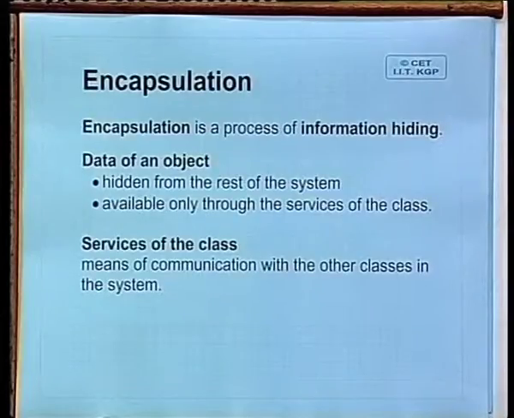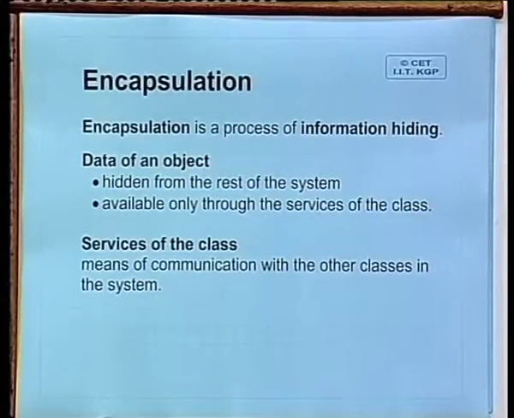So, how will the classes interact? The classes will interact only through the services of the class. Every class will have certain services, and we will discuss how these services can be brought about. Otherwise you cannot know anything of the class, right.